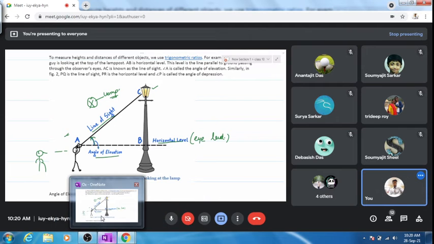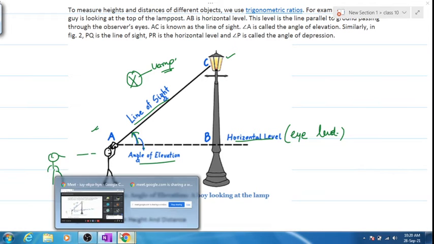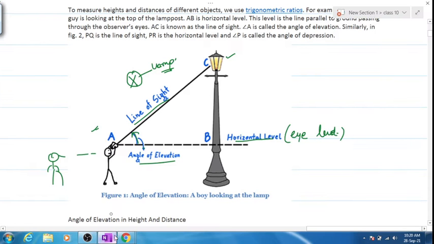Shomojit, I hope it's clear to you. These concepts are very important. Once we jump onto the exercise, then no one will be able to clear this thing for you.